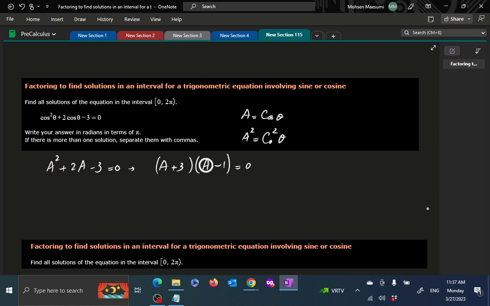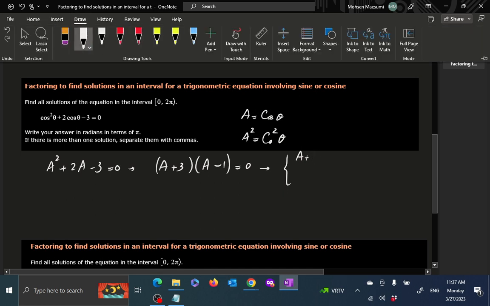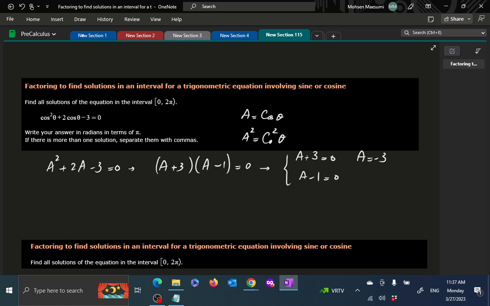Double check: 3a minus a makes 2a. Then either a plus 3 is equal to 0, or a minus 1 is equal to 0. The first one says a is minus 3, and the second one says a is equal to 1.